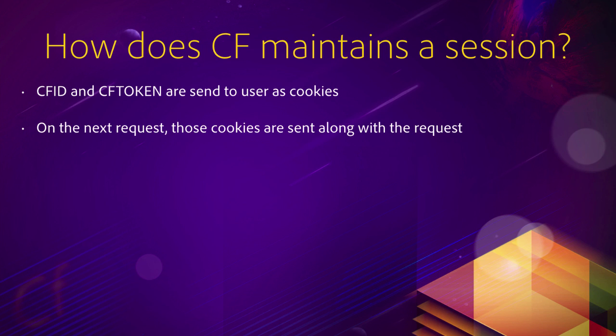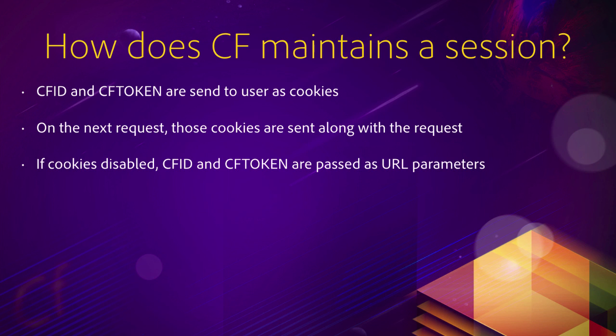So when the second request hits the server, ColdFusion is able to retrieve those two session identifiers from the request headers and can use those two variables to identify the session this request belongs to. But what happens if the user disables the cookies? In that case, the CFID and the CFToken variables are added to the URL as URL parameters and are passed from page to page in the URL.